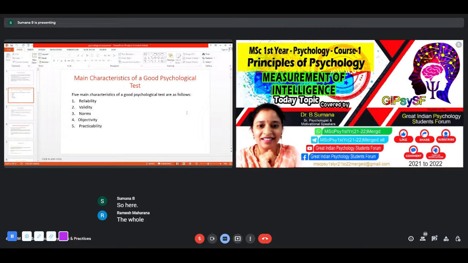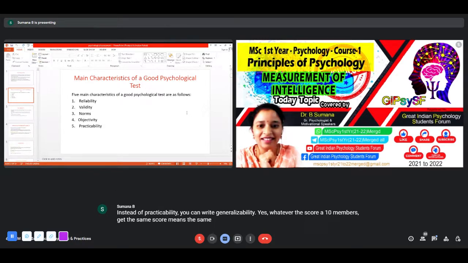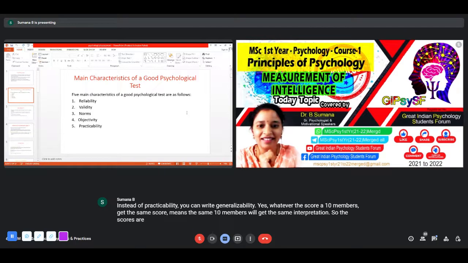Here, instead of practicability, you can write generalizability. Whatever the score, if 10 members get the same score, the same 10 members will get the same interpretation. So the scores are generalizable, not confined to one individual or one group.